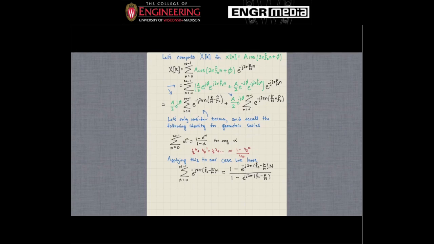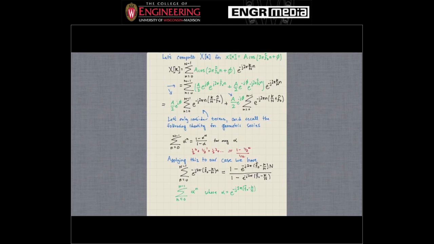So I can rewrite this as the sum from n equals 0 to N minus 1 of alpha raised to the n, where alpha is defined as e to the minus j 2 pi f naught hat minus k over capital N.